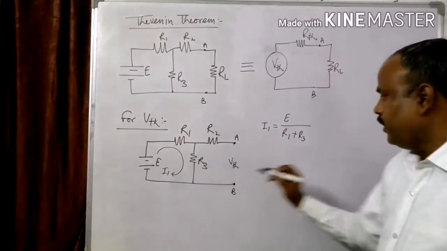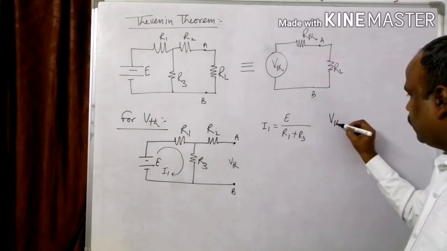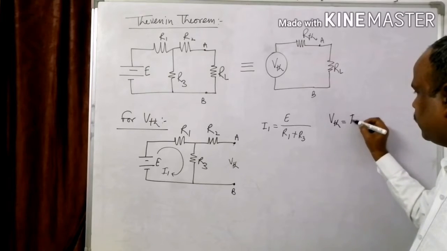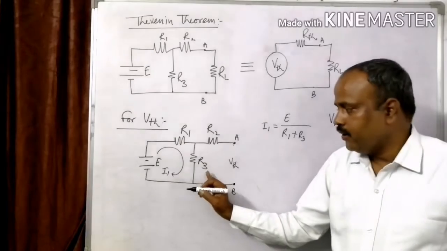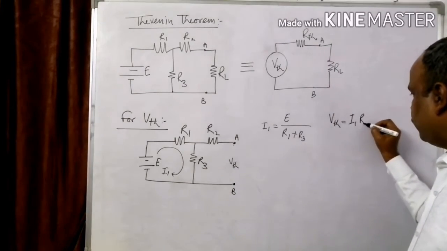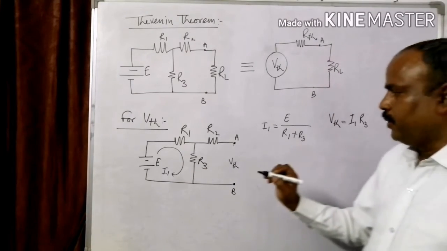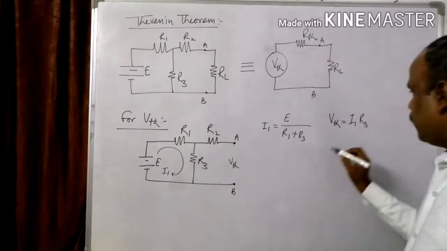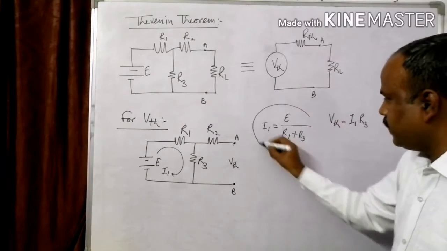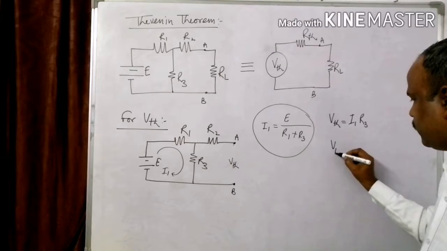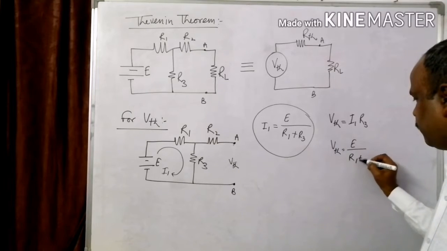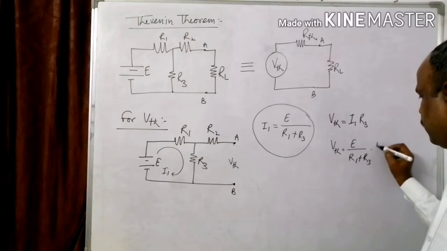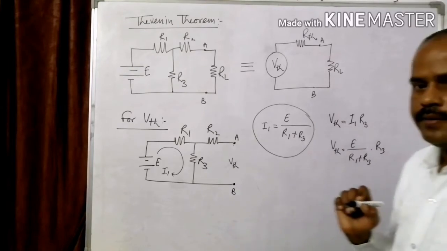Now VTH is nothing but the current I1 passing through R3 into resistance R3. So this is called VTH. Now put the value of I1: VTH is equal to E upon R1 plus R3 into R3.